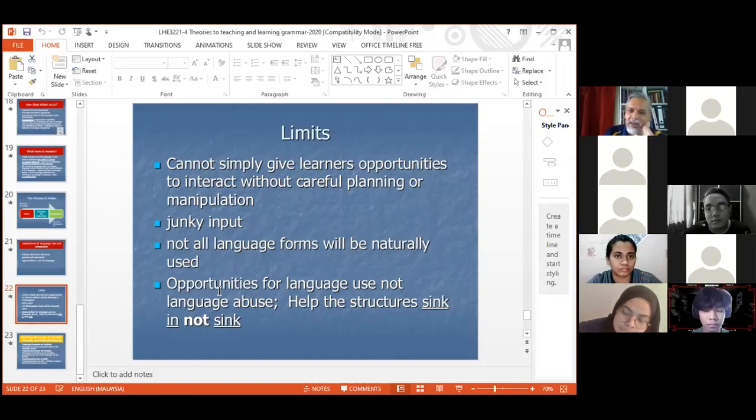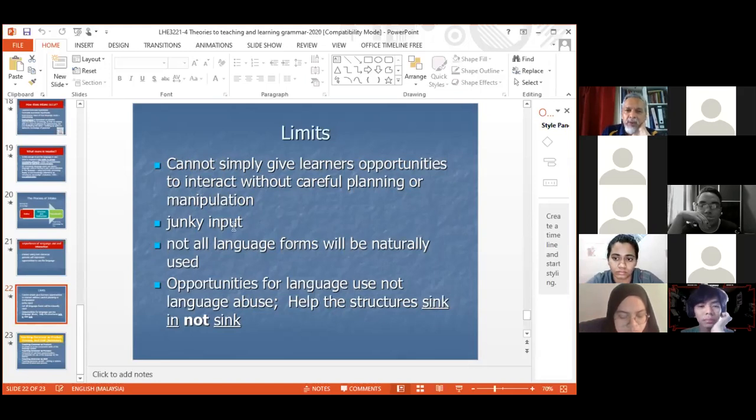It could help, yeah, but we want to go to another level as well, where they're actually using the language for self-expression. Okay, so a lot of emphasis on how well we are able to design the lesson.